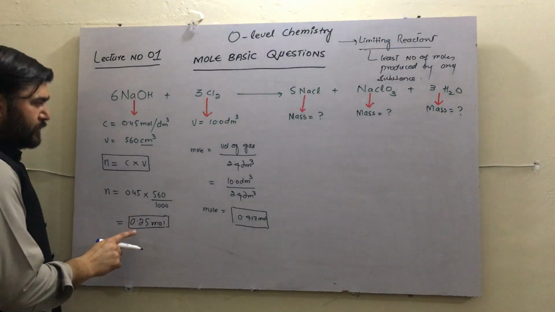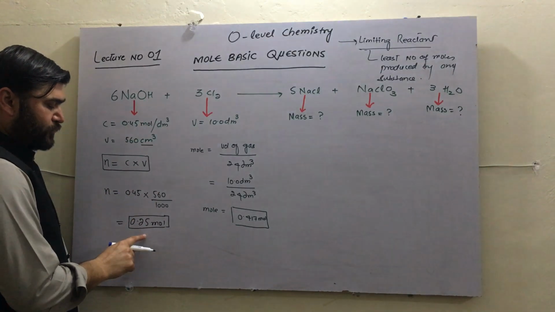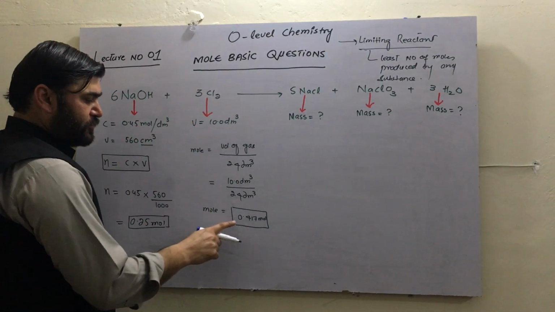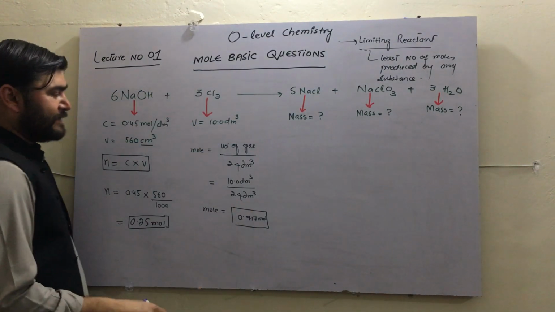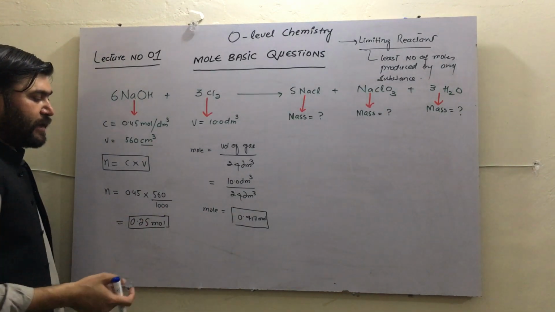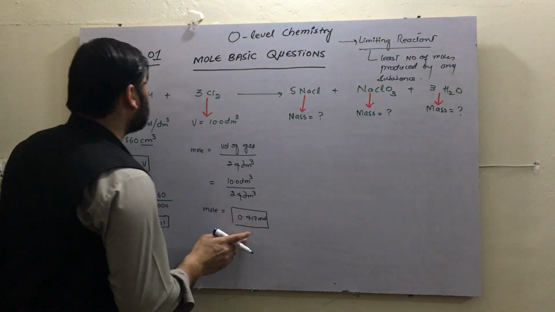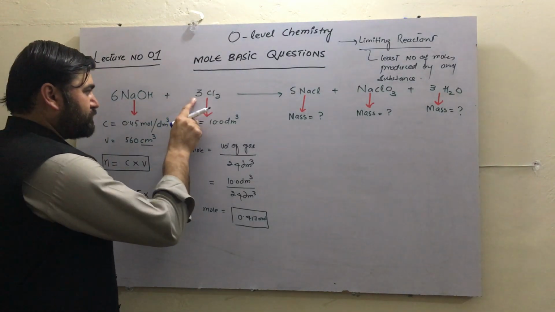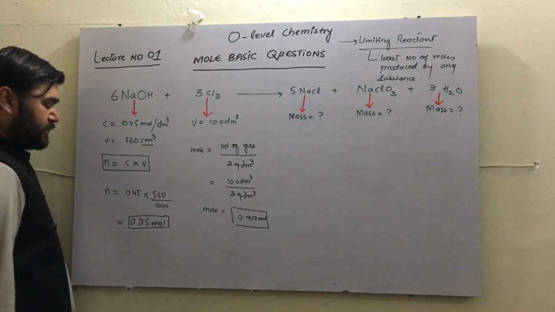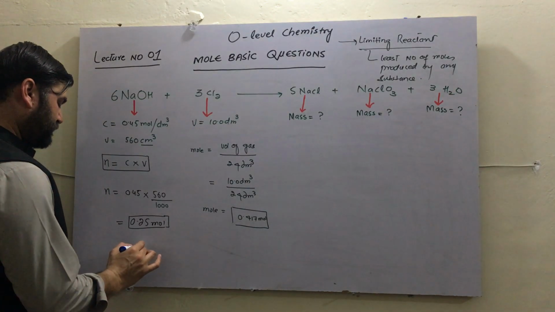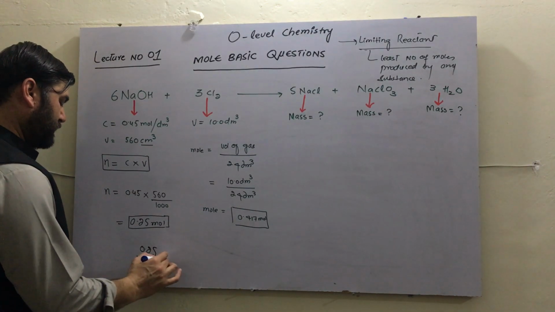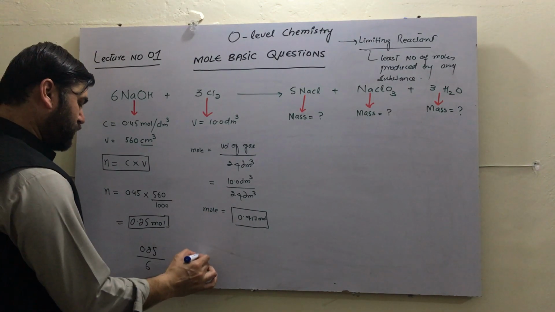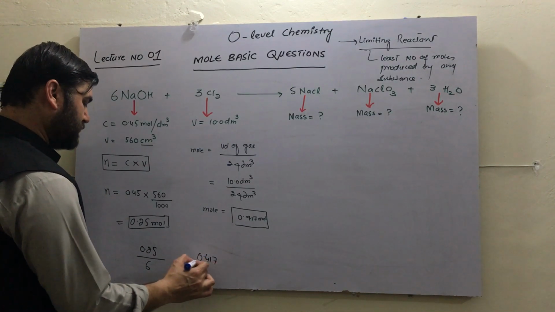Now NaOH gives 0.25 and chlorine gives 0.417 mole, but from here we cannot tell which one produces the least, because 6 NaOH took part in the chemical reaction, and 3 chlorine gas molecules reacted. So we simply divide: 0.25 divided by 6 and 0.417 divided by 3.